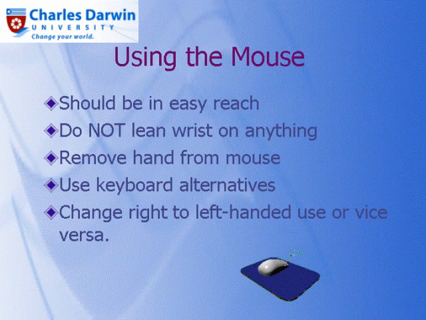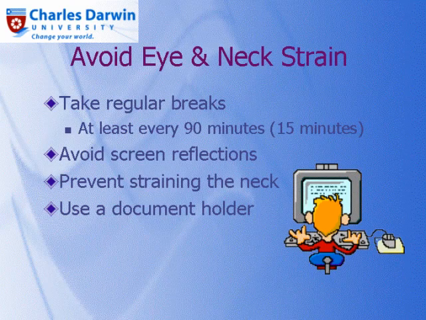Now, with your wrist, one thing is that you should have a wrist support, a squishy plastic type of thing, so that you don't put pressure on your wrist. Avoid eye and neck strain.